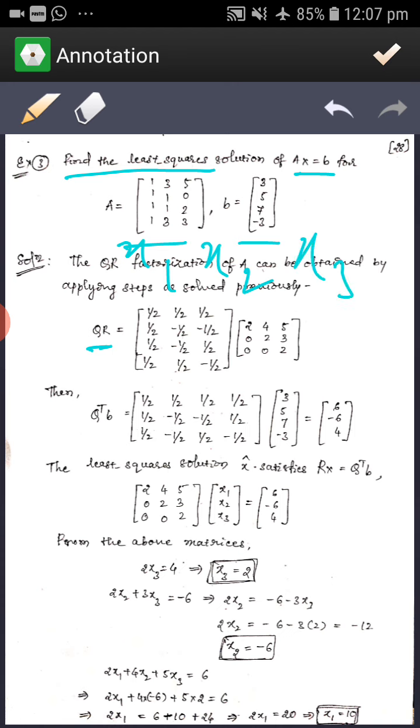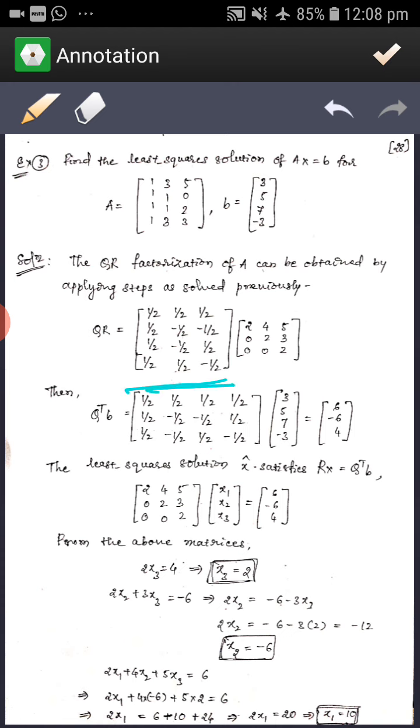From these we need to calculate v1, v2, v3. The v1, v2, v3 can be calculated using the Gram-Schmidt method. That we have not shown here, but by following the previous problems we can solve that. After getting the orthogonal vectors, we need to calculate the unit vectors, normalize them. After that we will find the Q.